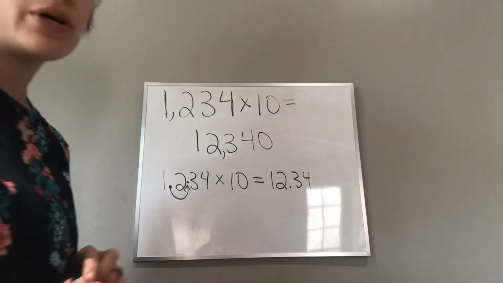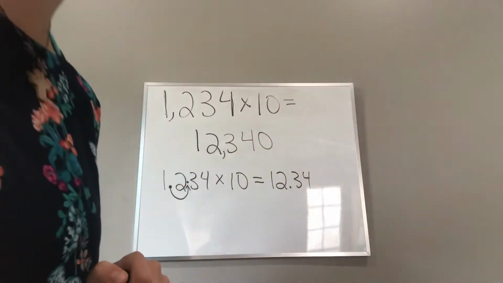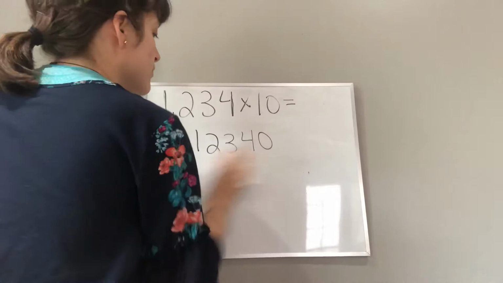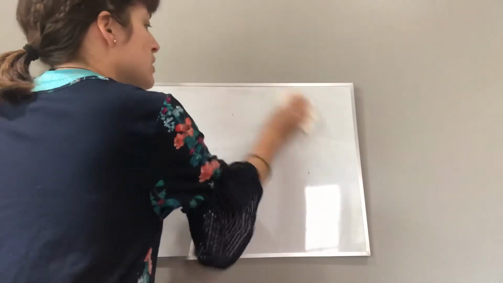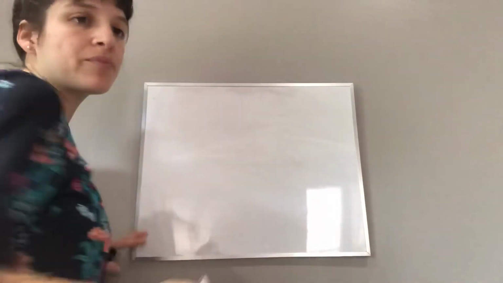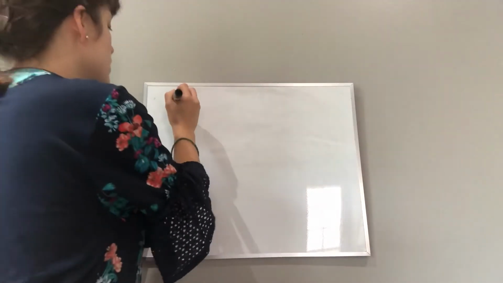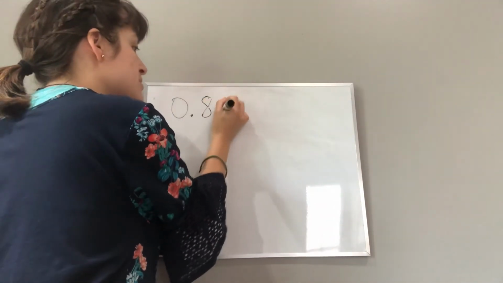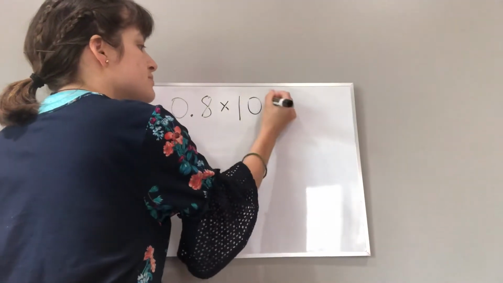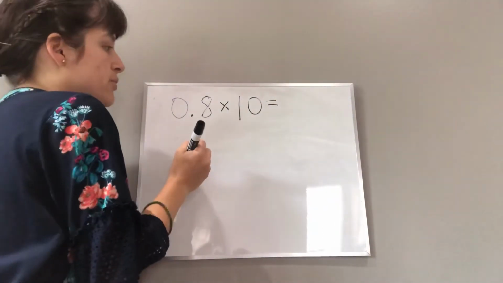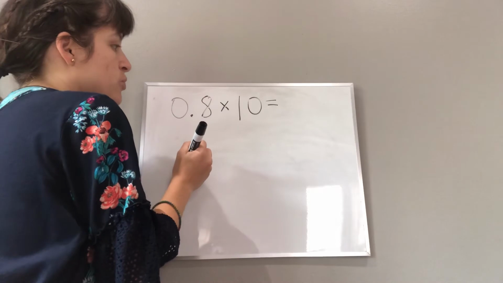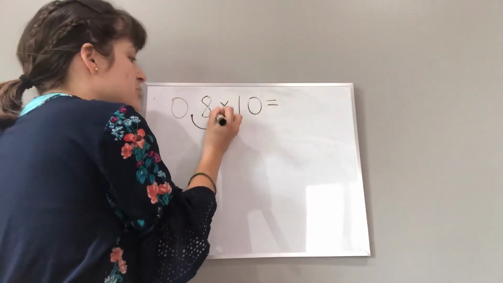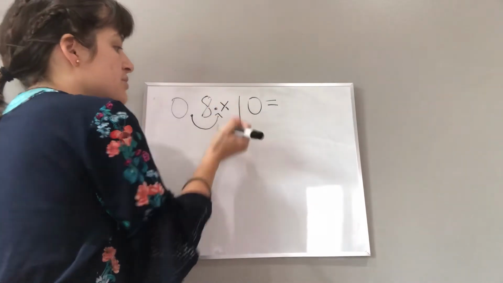In your textbook on page 8, you will see this problem: 8 tenths times 10. When you multiply a decimal by 10, you're going to move the decimal place one to the right.